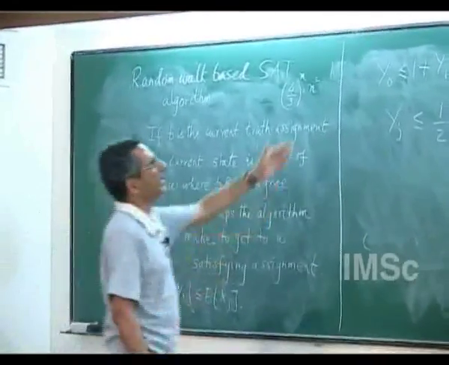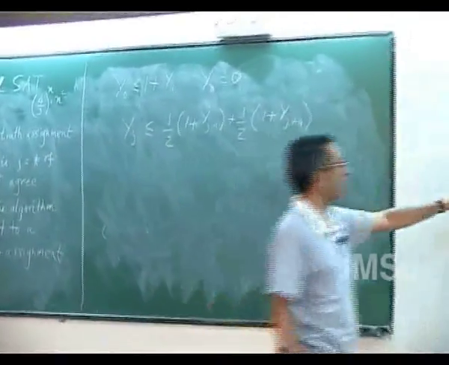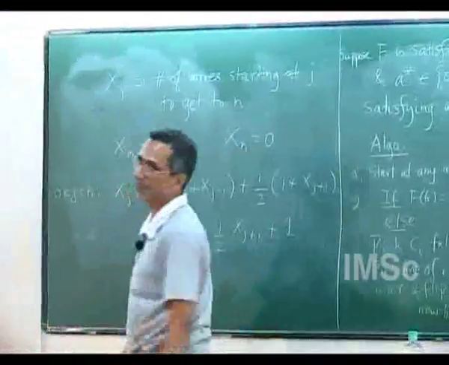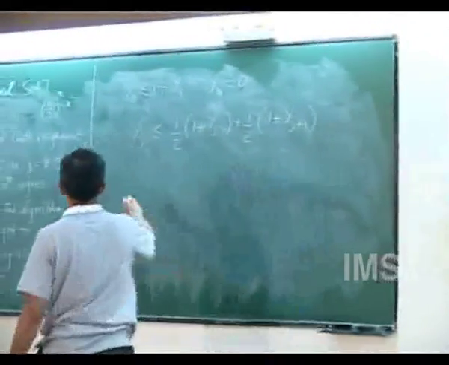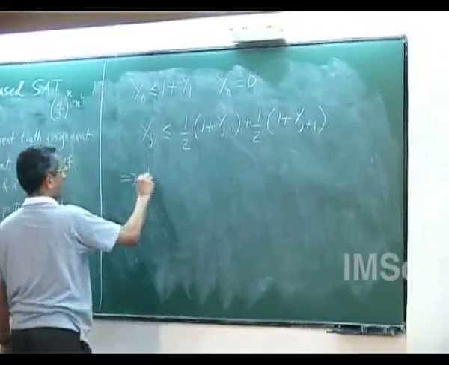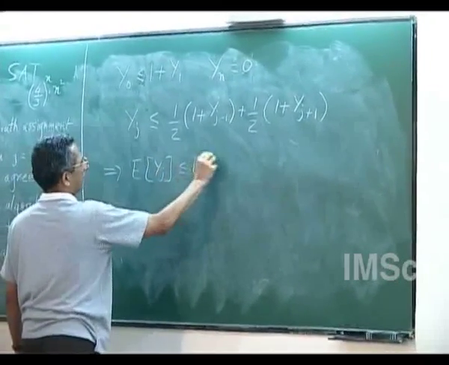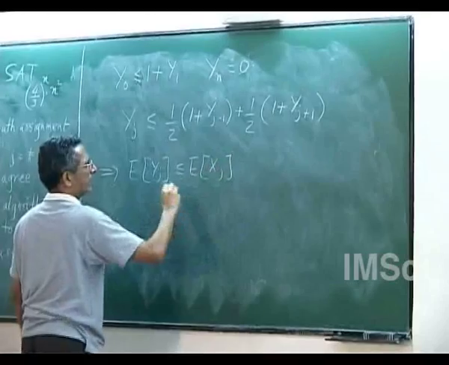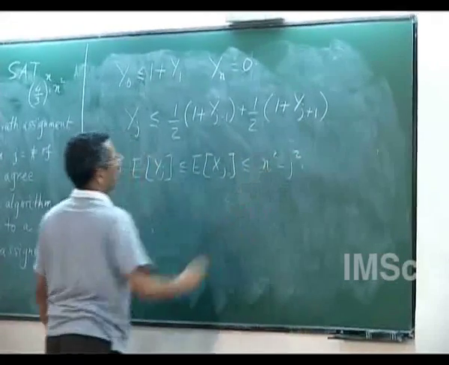And because of the initial conditions and this condition, you can see that at every stage xj is dominating yj, and in expectation also it's going to dominate. So it's going to imply that the expected value of yj is bounded by the expected value of xj, which we already figured out is n square minus j square.